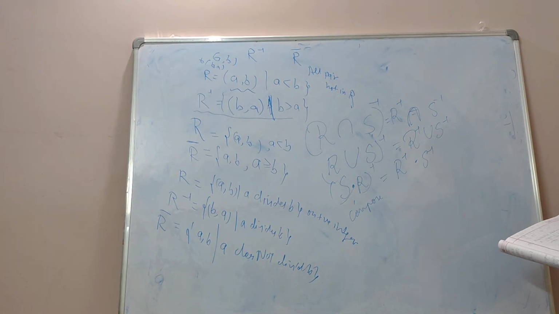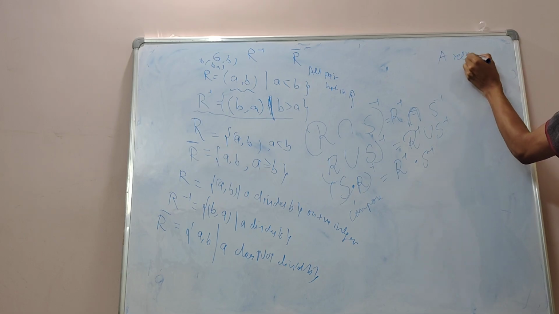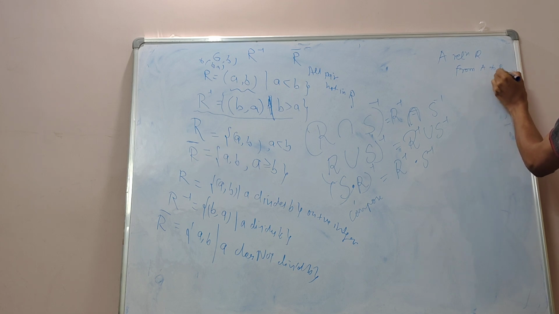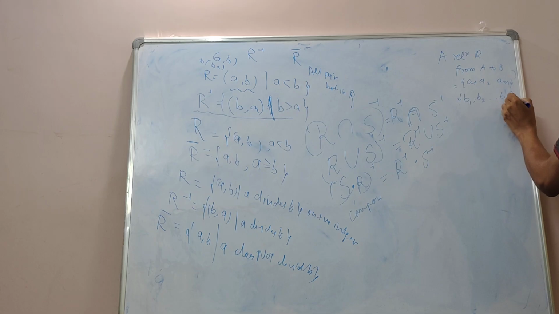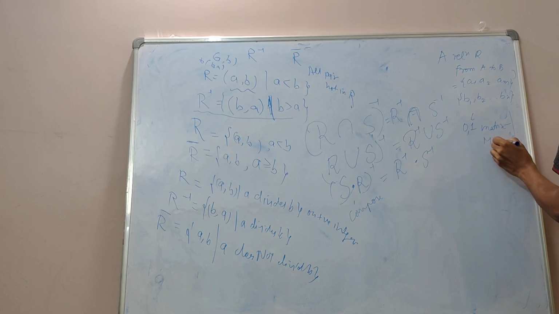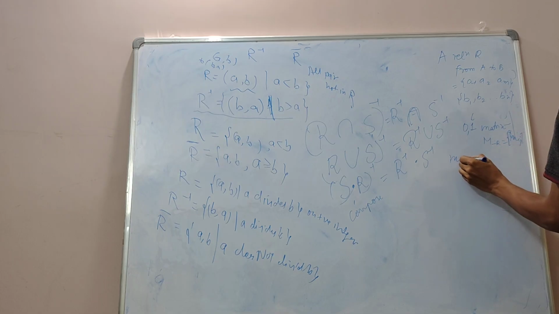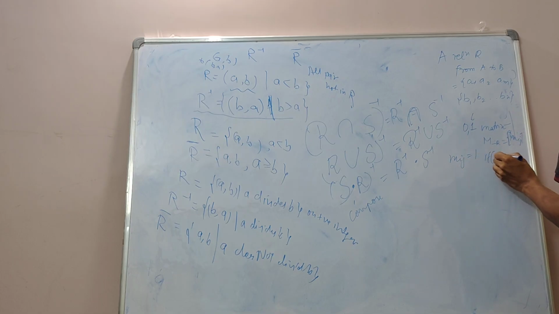Now, representation of relations using a matrix. Suppose a relation R from set A, with elements A1, A2, up to Am, to set B, with elements B1, B2, up to Bn, is written in 0, 1 manner in a matrix. M_R will be given as M_ij, where M_ij is equal to 1 if (Ai, Bj) belongs to R, or Ai is related to Bj.